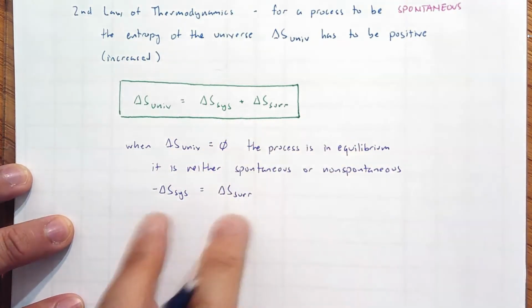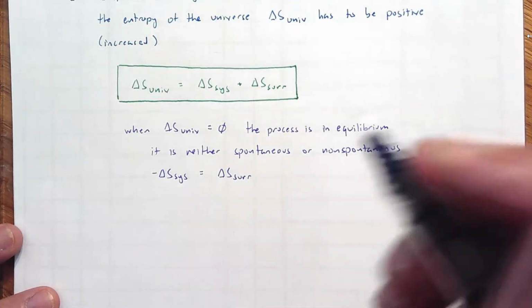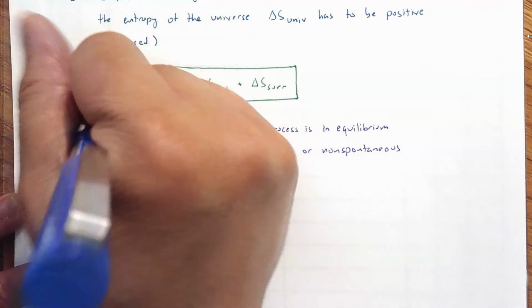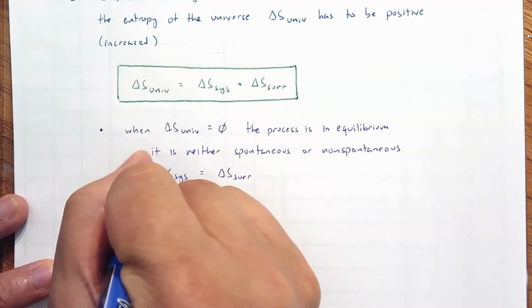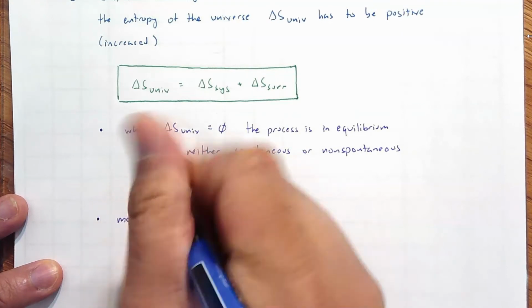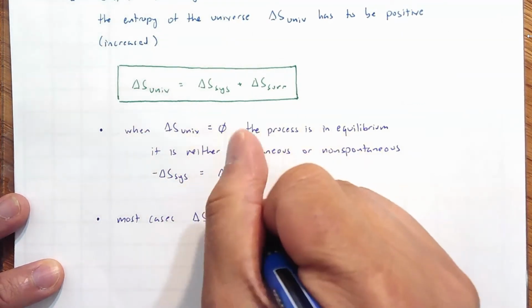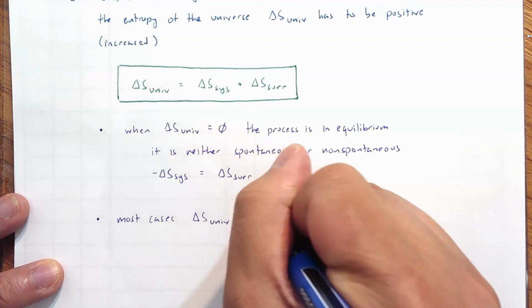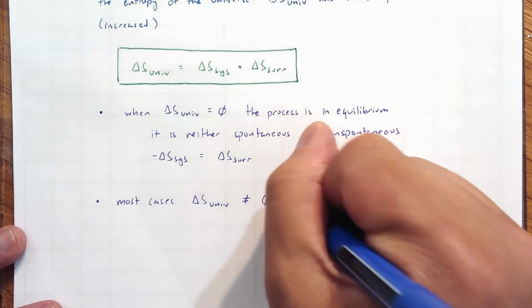The magnitudes are the same, but the signs are different. But again, in most cases, delta S of the universe is not equal to zero. It's some number, either positive or negative.